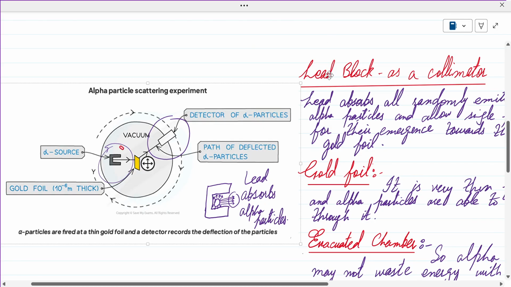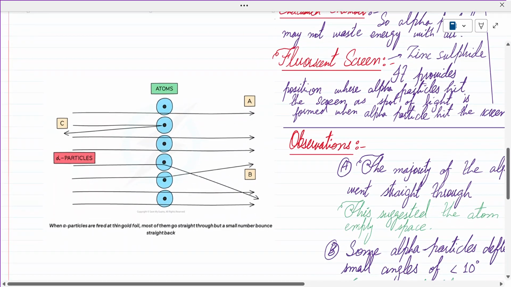This is the alpha particle source, placed in a lead chamber. After putting it in lead, we got a beam of alpha particles falling on the gold foil. After going through the gold foil, the different alpha particles behaved differently, so we observed them and got different results: A, B, and C.